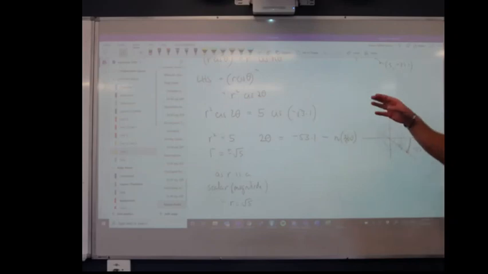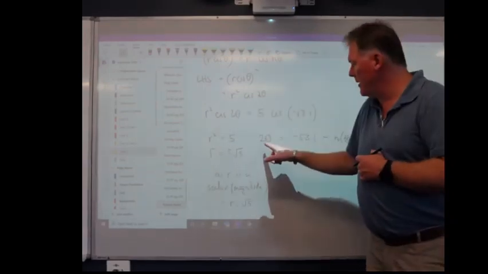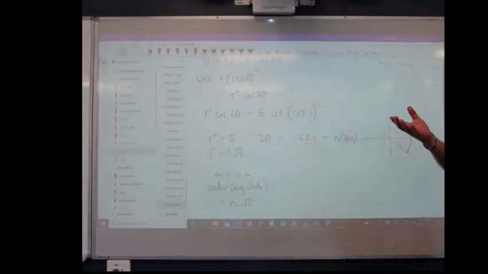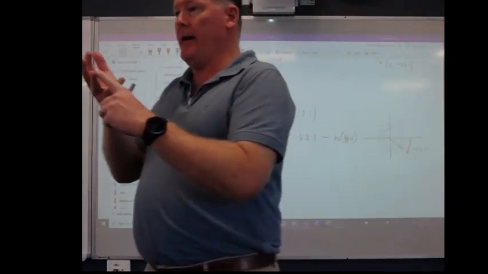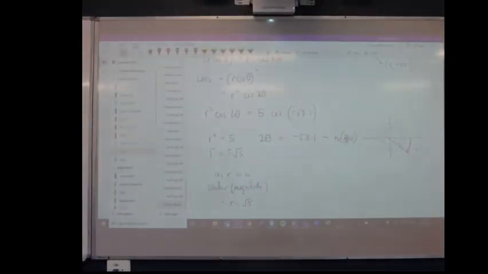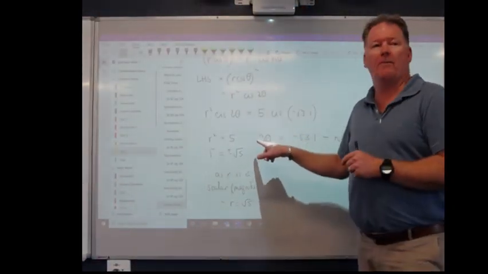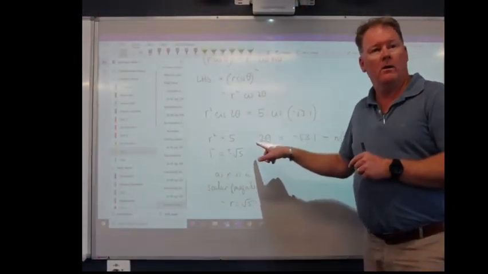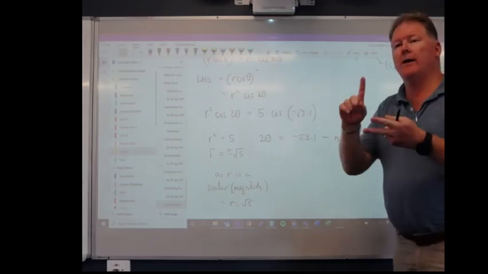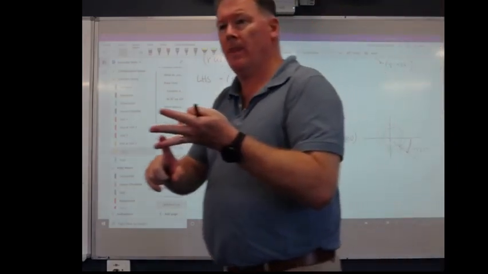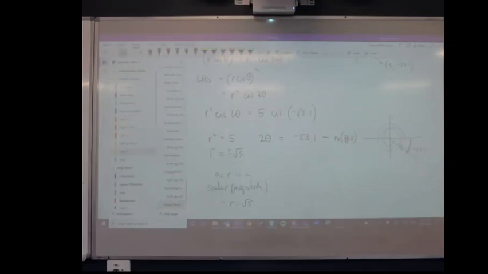Now, if we're doing the square root, so in other words, 2 theta, I only need to worry about n equals 0 and n equals 1, because that'll give me my 2 solutions. Because how many solutions do I expect to be? 2. Right? If there was 3 theta, so if I was doing r cubed, for example, then I would go n equals 0, n equals 1, and n equals 2 to give me my three solutions.